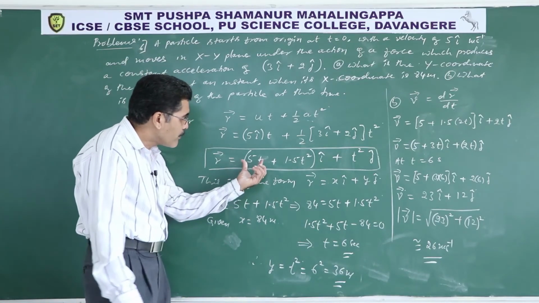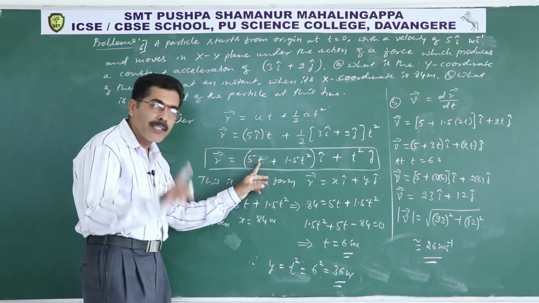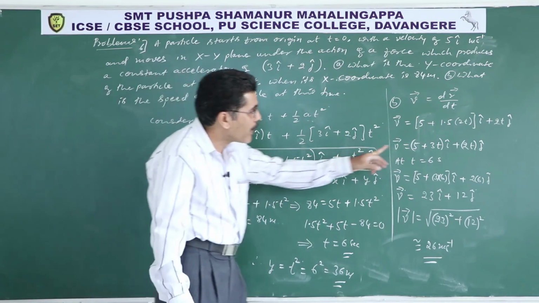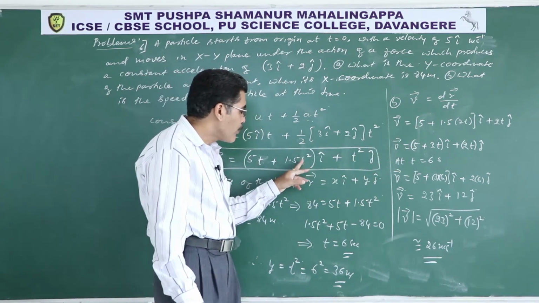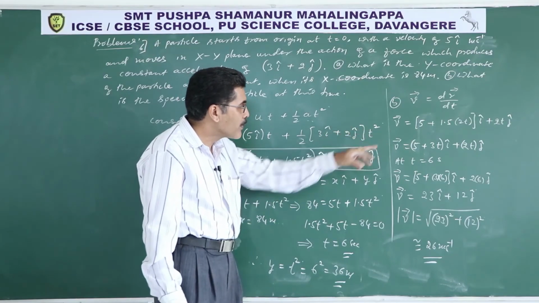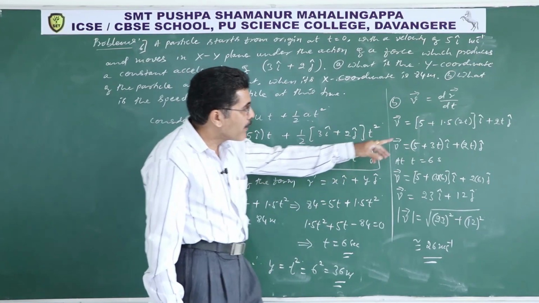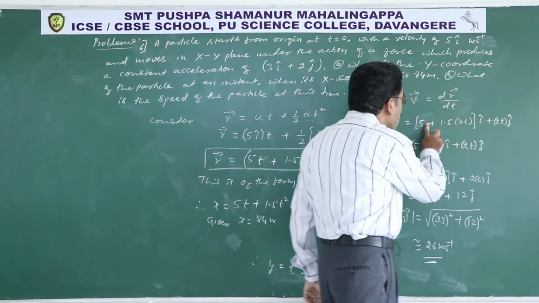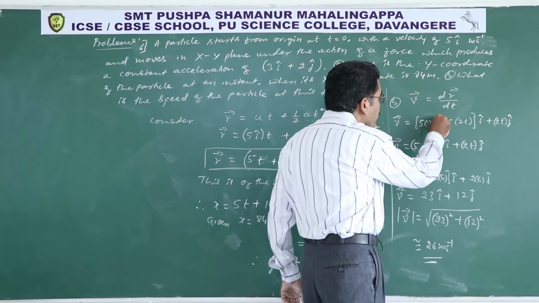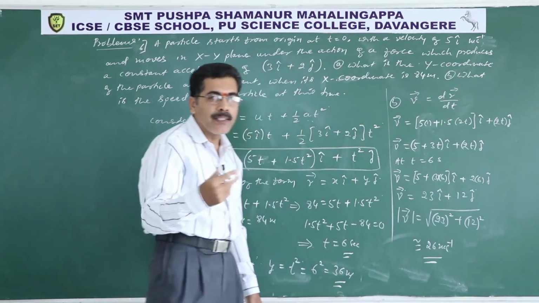When you differentiate 5t, for the derivative of t you will get 1. For 1.5 t square you will get 2t, and 2 into 1.5 gives you 3t. When you differentiate t you will get 1.